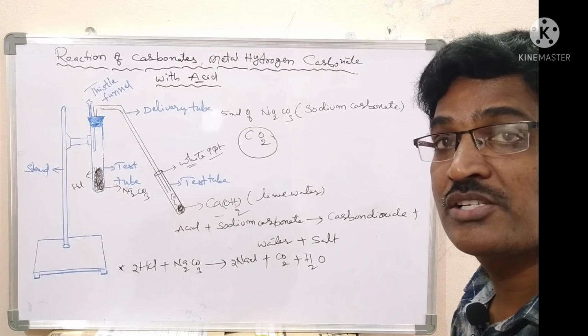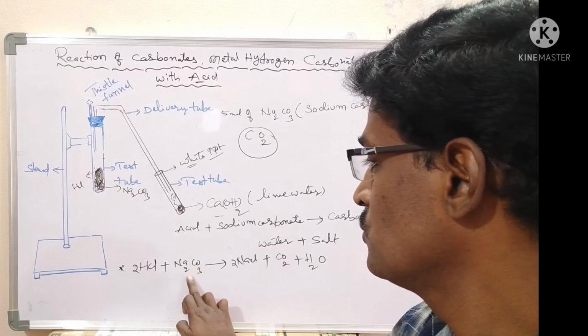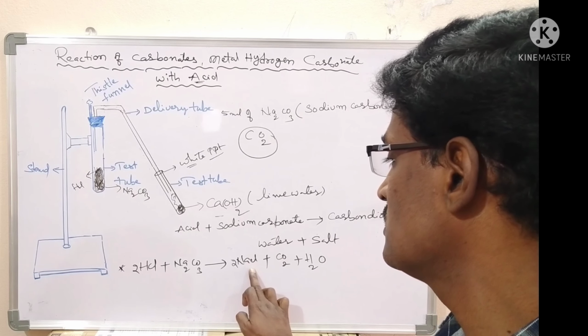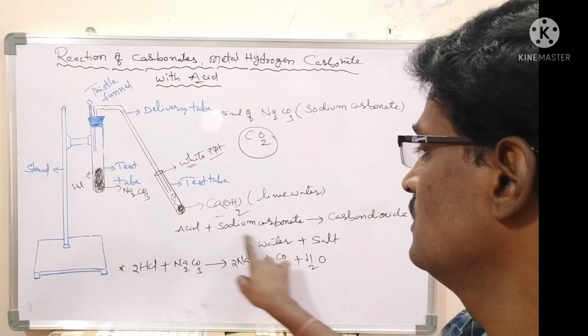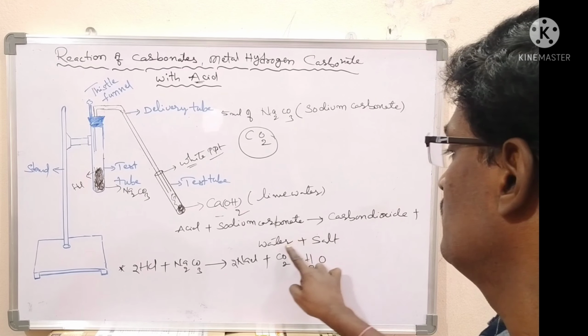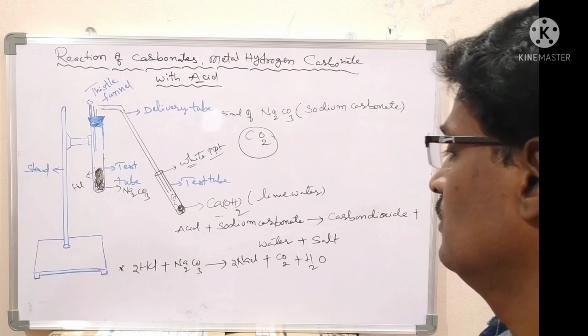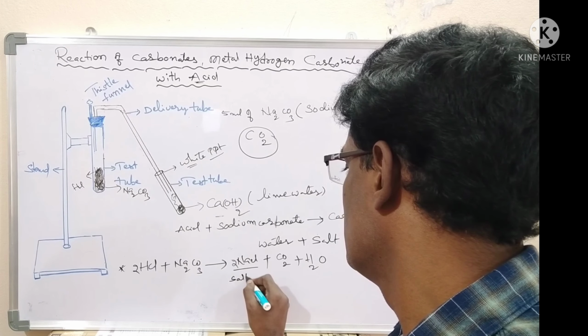Oral reaction we will give: hydrochloric acid, sodium carbonate, which gives salt, carbon dioxide, water. See, acids and sodium carbonates, what do they give? Carbon dioxide, water and salt. It is salt.